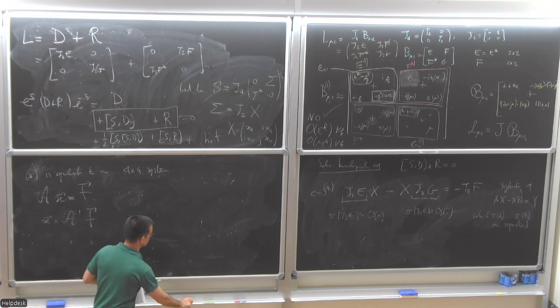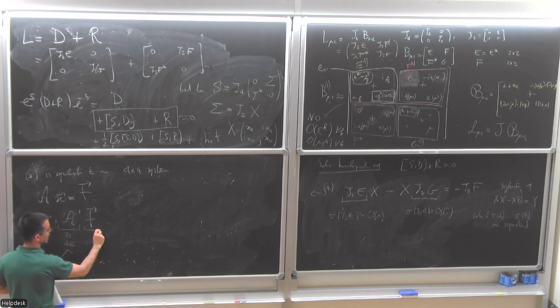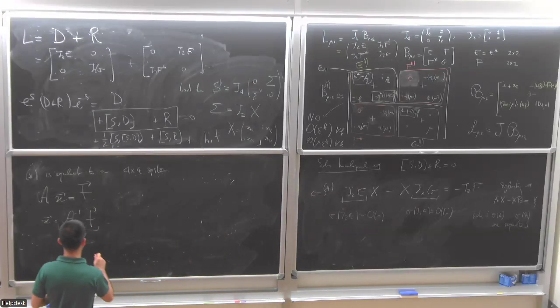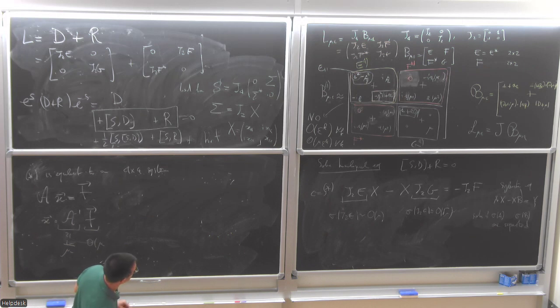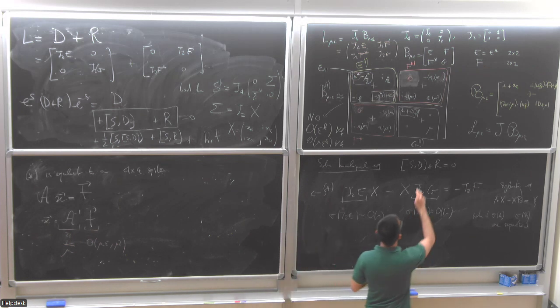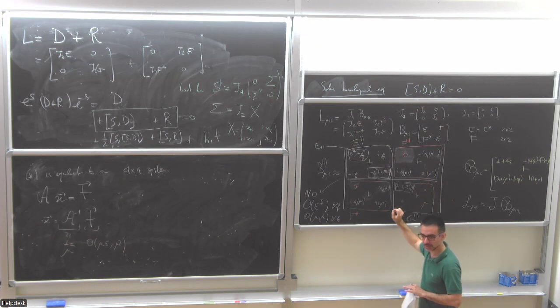And then we can also check that A inverse is something of order 1 over mu, and F is instead the size of the perturbation, so it is something of order epsilon times mu squared. Okay, so F is of a certain order. These are the components of the matrix in the column vector.